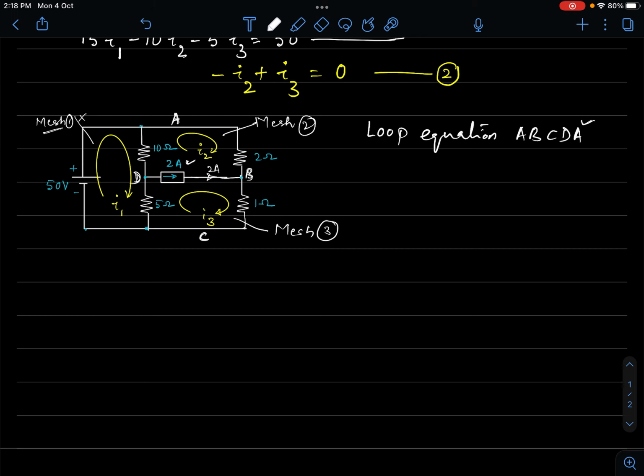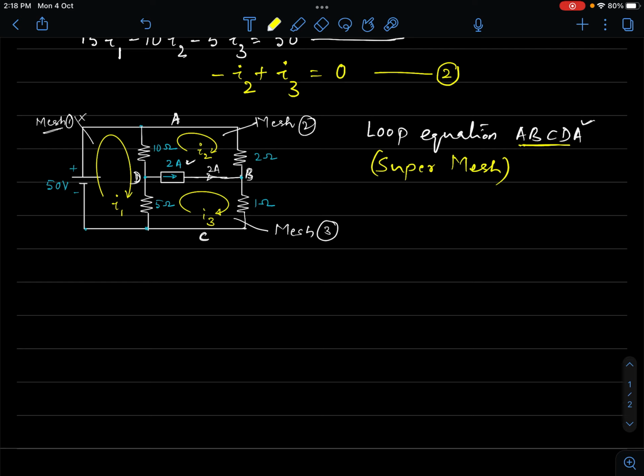Some of the textbooks on network analysis refer to this kind of a mesh as super mesh. Whether you know this terminology or not, it hardly matters. We must be able to get the currents right.